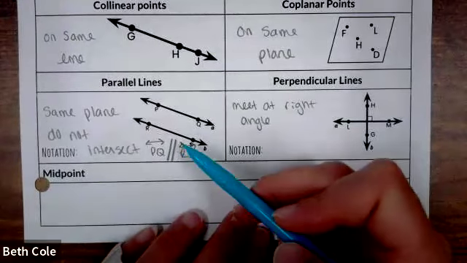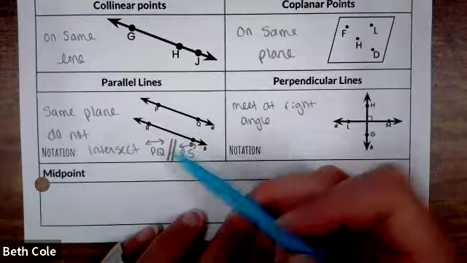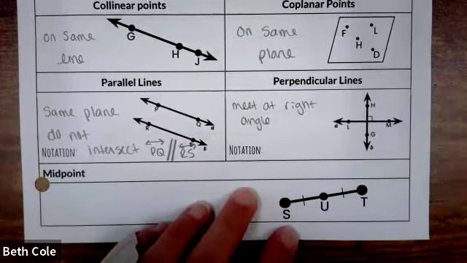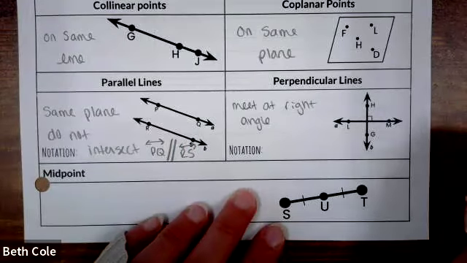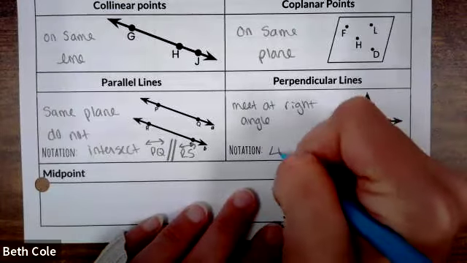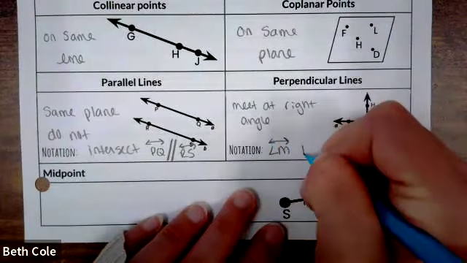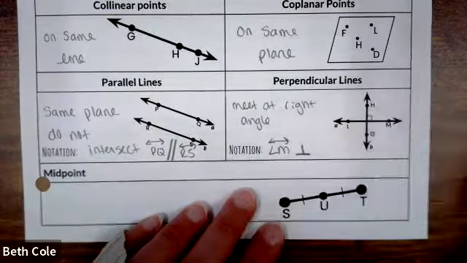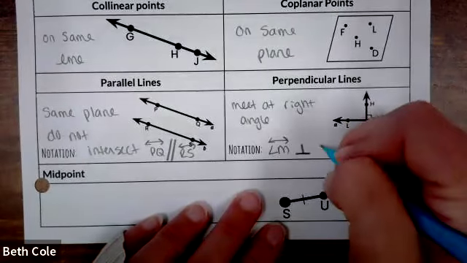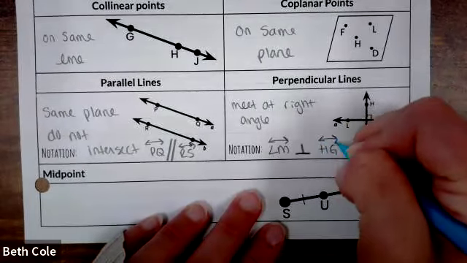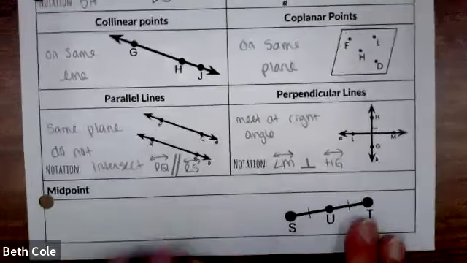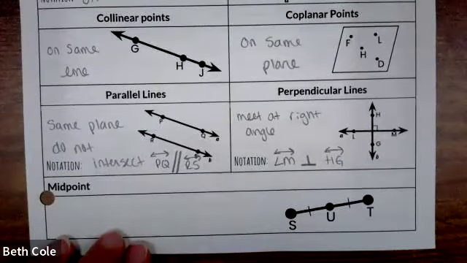And so for parallel, we put the two lines like this. For perpendicular, it's like an upside down T. So we would say LM and then put an upside down T. That means perpendicular to HG. So if you see that upside down T, that means perpendicular, so right angle.